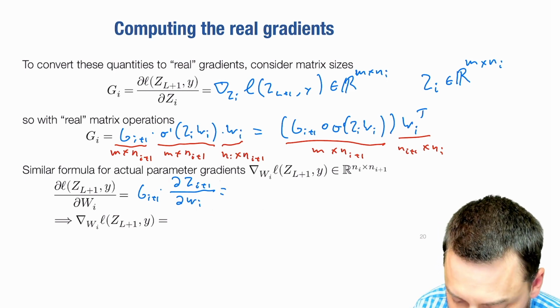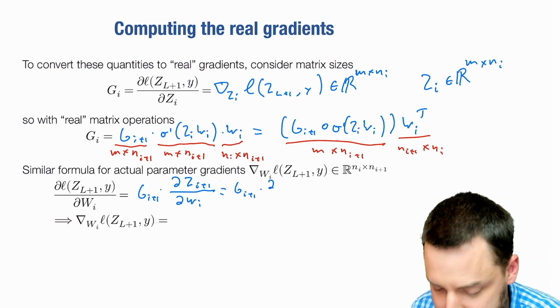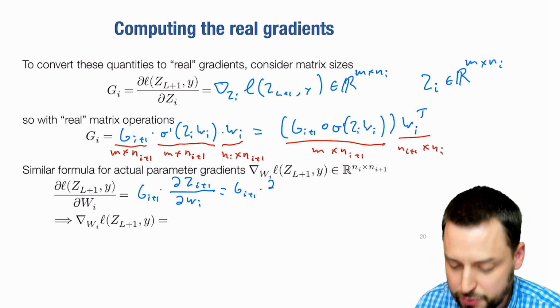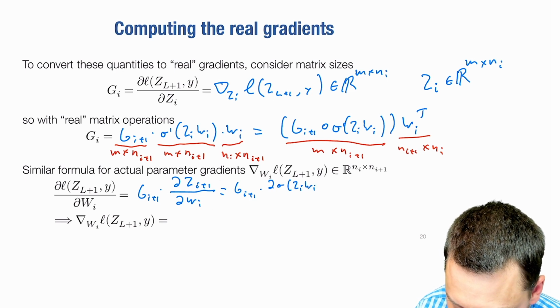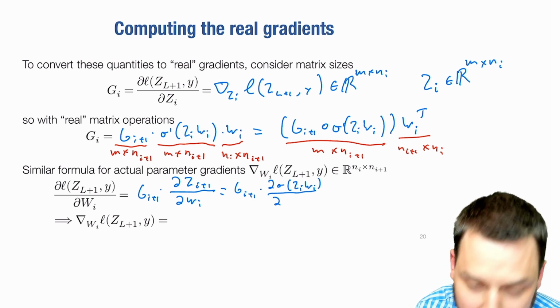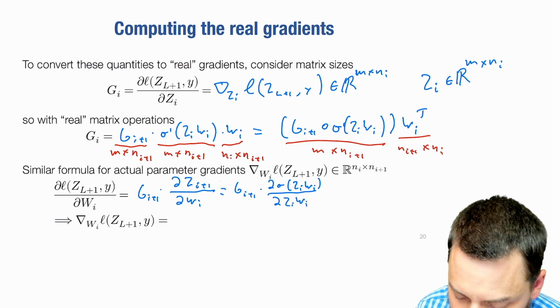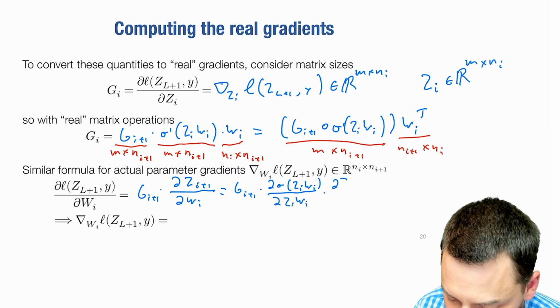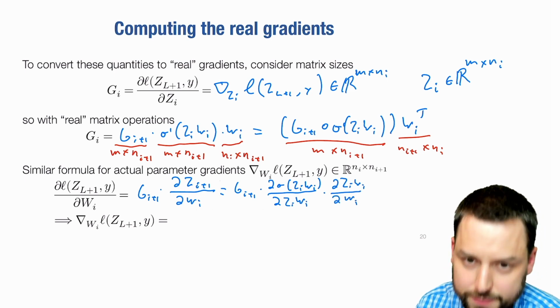That would be equal to g_{i+1} times, let's plug in the definition of z_{i+1}, partial of sigma(z_i W_i), very similar to the past expression we had, partial (z_i W_i) times partial (z_i W_i) over partial W_i.